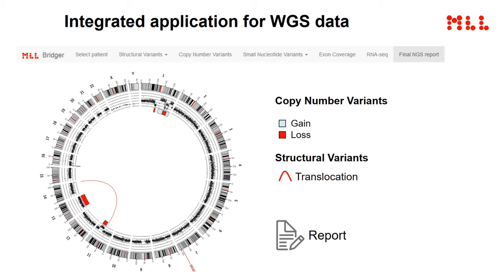So this is now one of our options for routine and leukemias and lymphomas for very difficult cases. And here you see the final report as a circos plot with gains and losses, fusions like this translocation 11;14, and the variants as shown here with the BRAF mutations on chromosome 7.